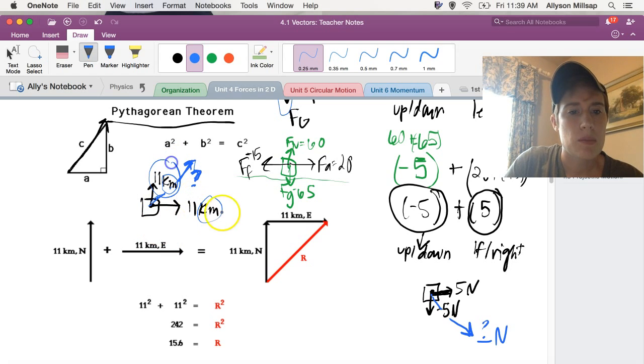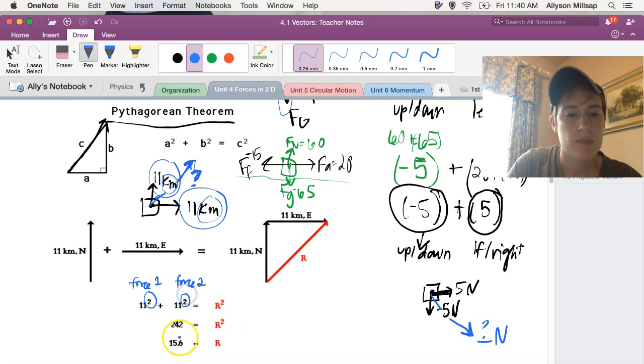So I take these two numbers, okay? You take your two forces, force 1 and force 2, and you square them, and you'll end up with a number. It will equal the square of your resultant force. So right now I have 242 equals r squared. Well, how do I get rid of the square around the r?